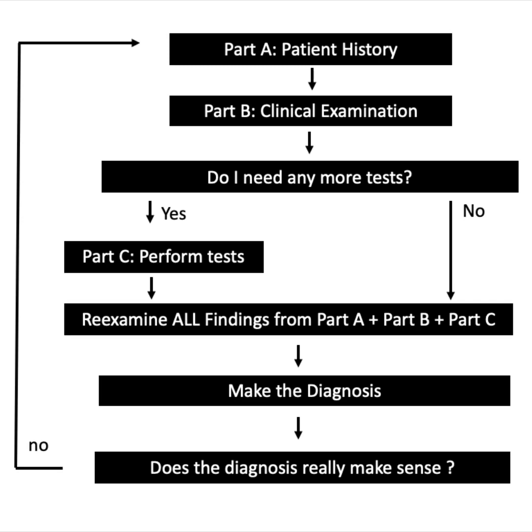The main point of this algorithm is that the evaluation of hair loss starts with the patient history, followed by the physical examination. We start thinking about potential causes of hair loss by understanding more about the patient's story and what their scalp looks like.